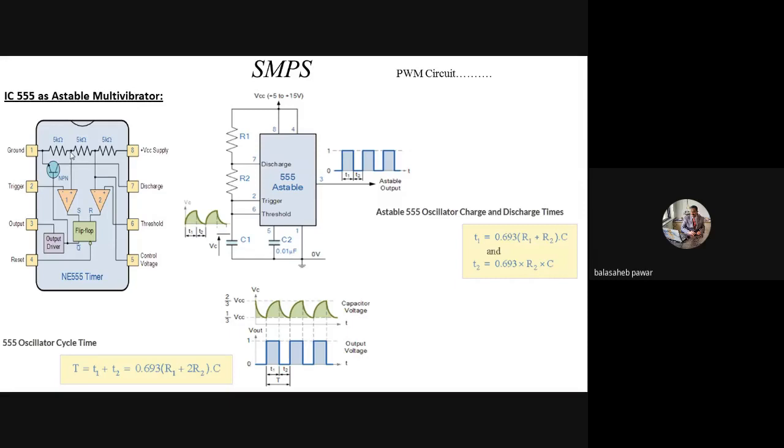Agree? And what are we considering? We are considering the charge stored by capacitor C1 is less than 1/3 of VCC, so it will surely be less than 2/3 of VCC. Do you agree with this?